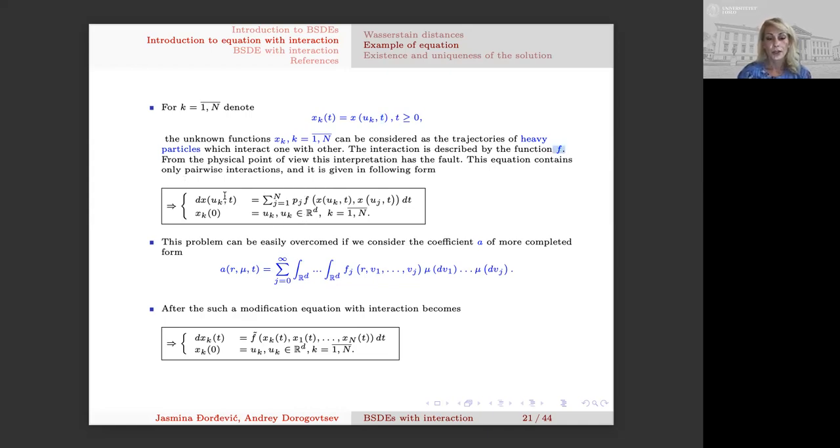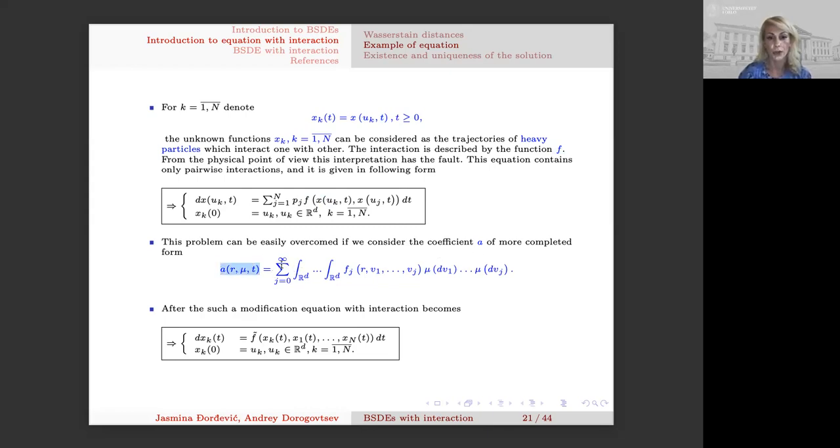So now this equation reduces to this form, and it has one disadvantage. This is that this function f actually represents the interactions between two particles, so pairwise interaction only. But this can be overcome if the drift has a more general form.